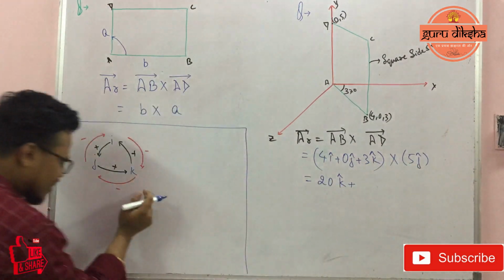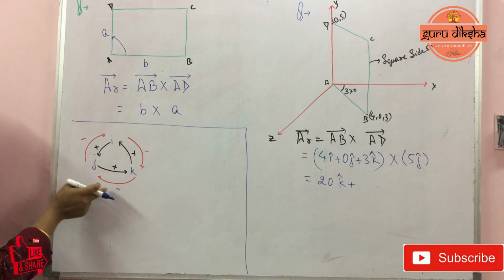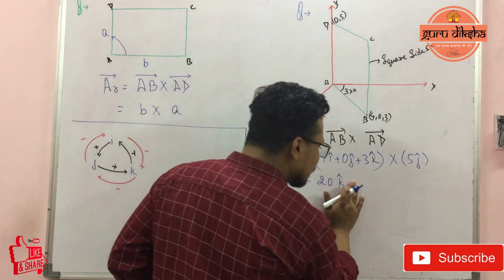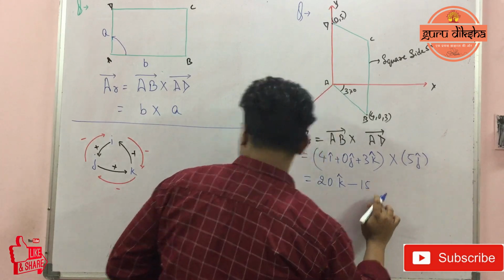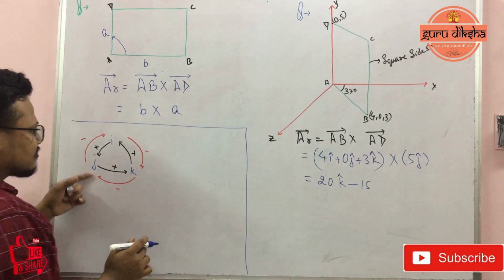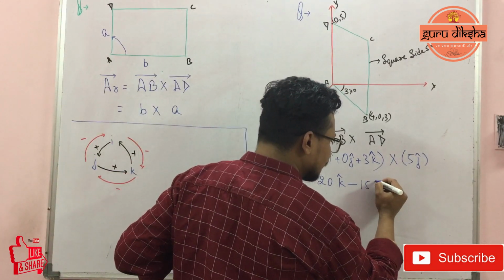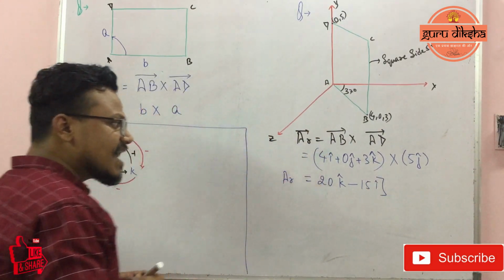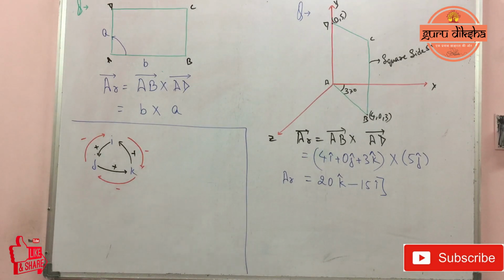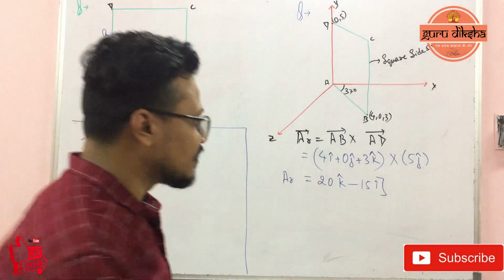K cross j is going in the opposite direction, so minus sign will come. K cross j is i cap. See what exactly you got: area equals 20 k cap minus 15 i cap. So we got the answer here.